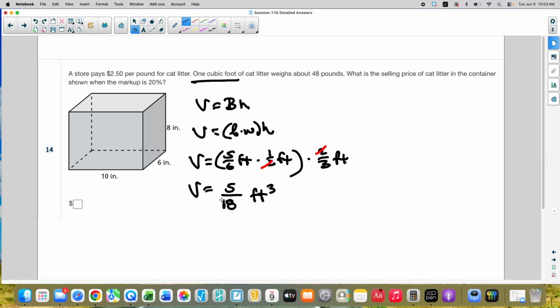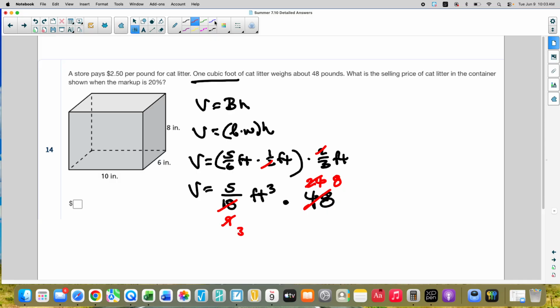And so the weight, what is the selling price? $2.50 a pound. Okay, so now we're going to take that volume and multiply it by 48. We can cross cancel. That's going to give us 9, 24, 3, and 8.